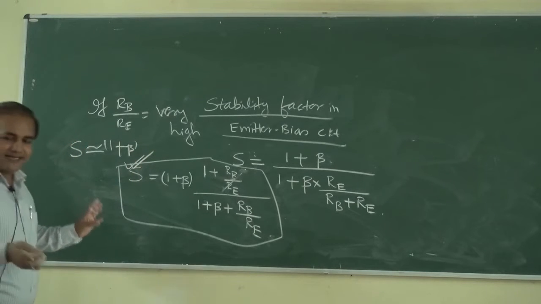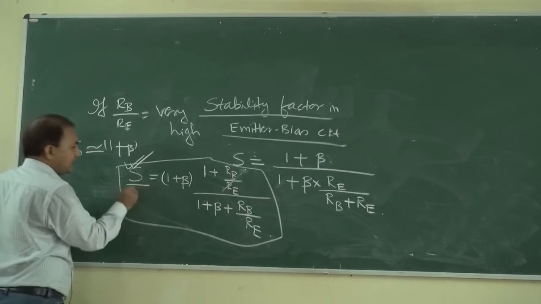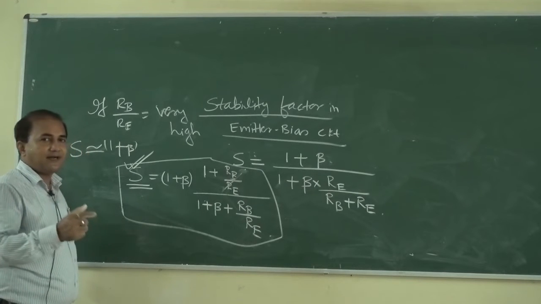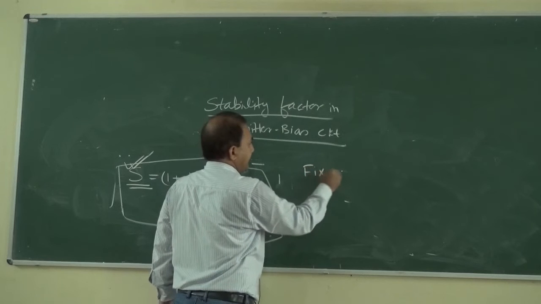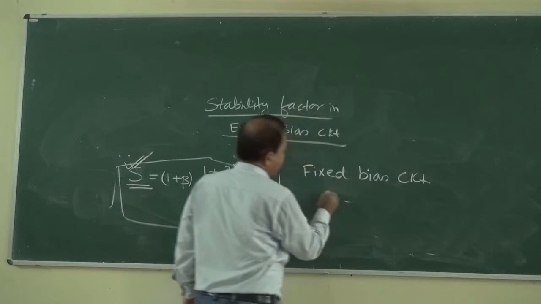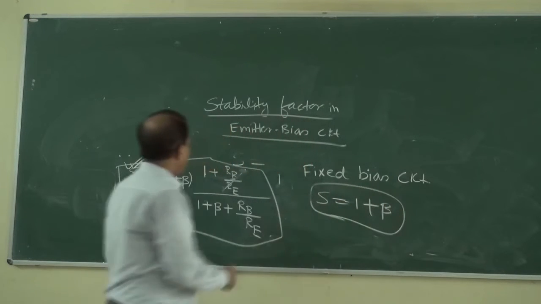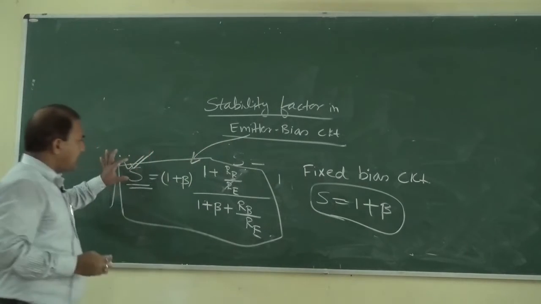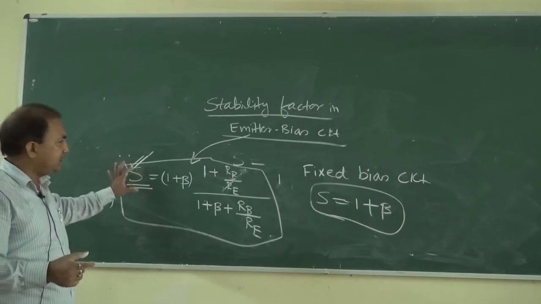Okay, so as compared to fixed bias circuit, here we are seeing the stability factor is less. In fixed bias circuit, the stability factor is always equal to 1 plus beta. But here in case of emitter bias circuit, stability factor can be decreased.